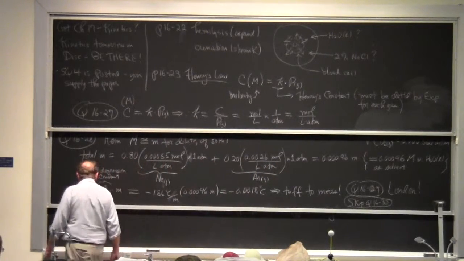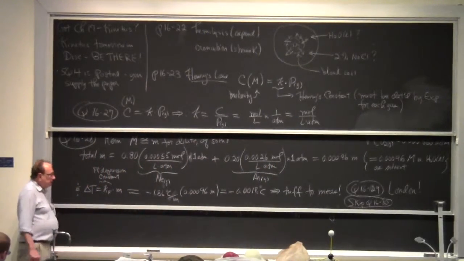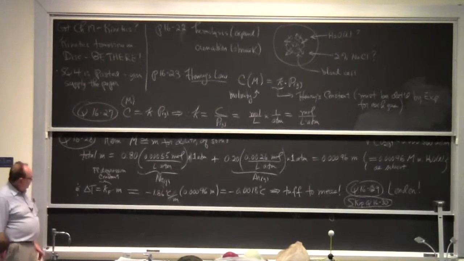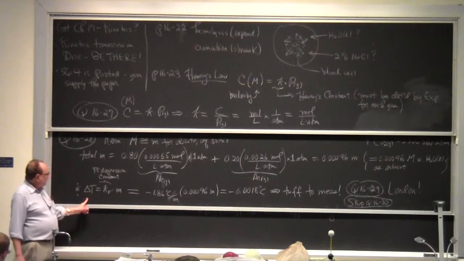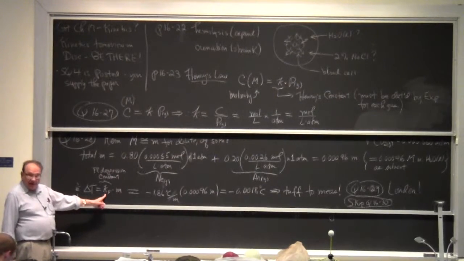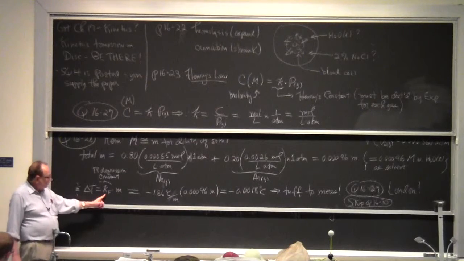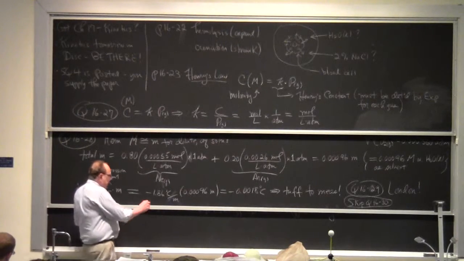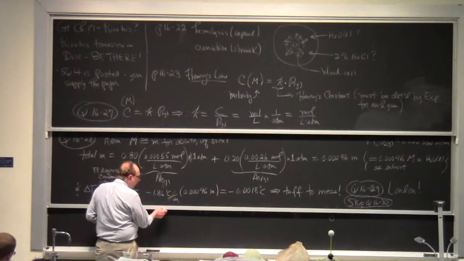And then to calculate, as instructed, the freezing point temperature for the resulting solution, we just apply the freezing point depression expression. For this case, this K is not a Henry's constant. This is the freezing point depression constant for liquid water, which is minus 1.86 degrees centigrade per molal.